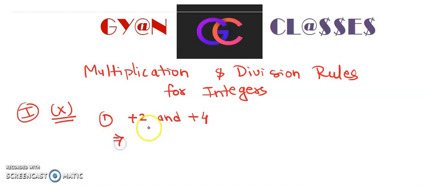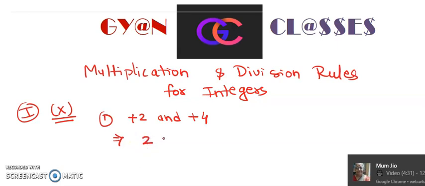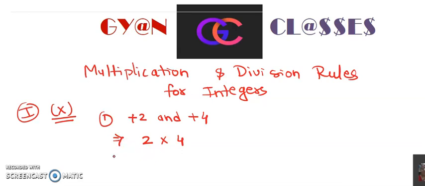Now if we have to multiply these two integers, that means 2 multiply with 4. As you can see, both the integers are positive and the greater integer carries the positive sign. So the answer will come in the positive only. So here I have written the answer as plus, and 4 into 2 becomes 8. The answer is plus 8.